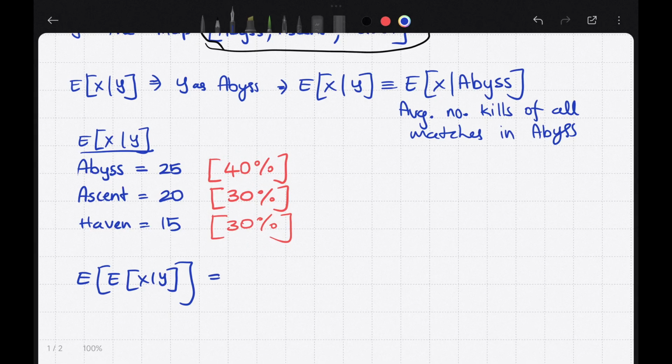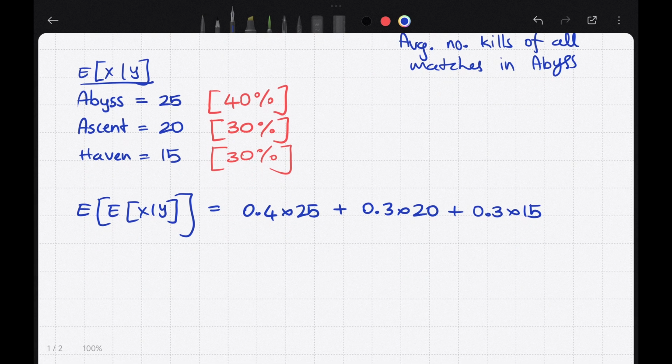So what will it be? 0.4 times 25 plus 0.3 times 20 plus 0.3 times 15, right?